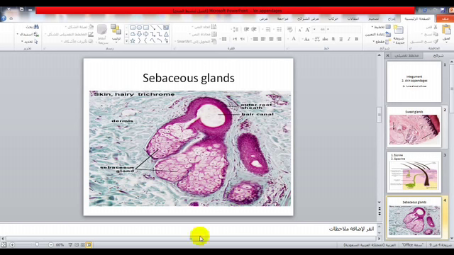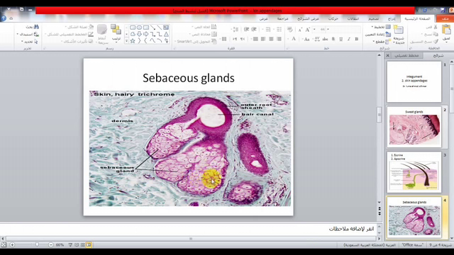Also, sebum is antimicrobial and helps prevent watery fluid from entering or leaving the skin, so it helps keep moisture and prevents dryness. Similar to the sweat glands, the sebaceous glands have a secretory portion and a ductal part.